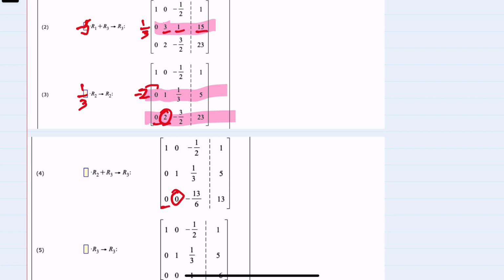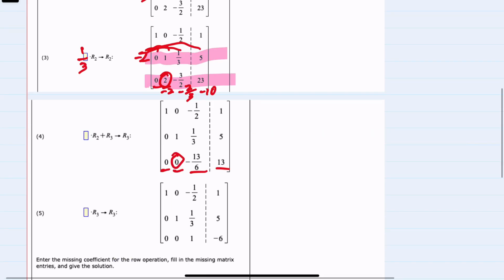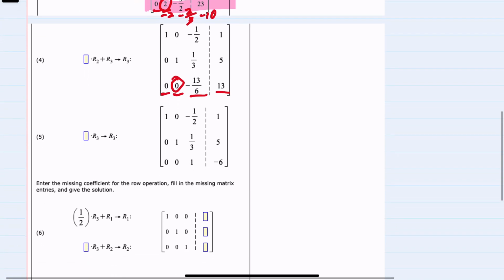Adding to 0, still 0. -2 times 1 is -2, plus 2 gives us the 0. -2 times 1/3 is -2/3, plus a -3/2 gives us our -13/6. And -2 times 5 is -10, plus the 23 is our 13. So again, we are one step closer here.